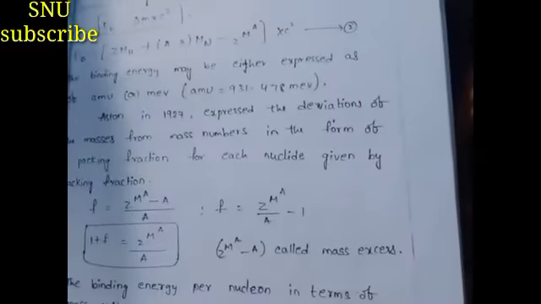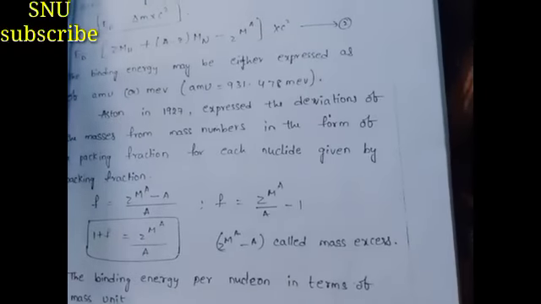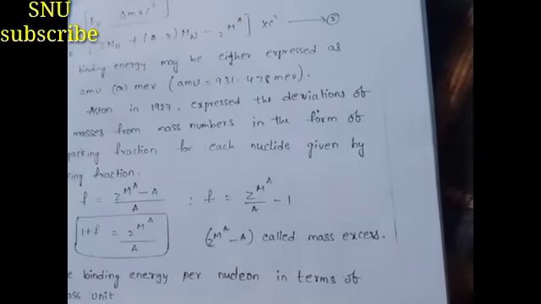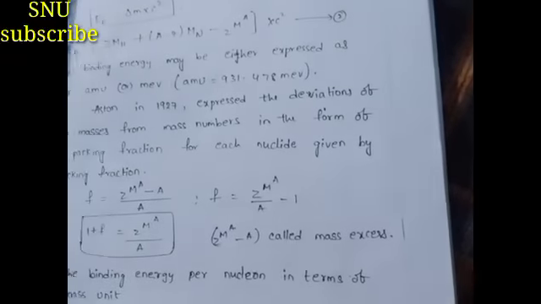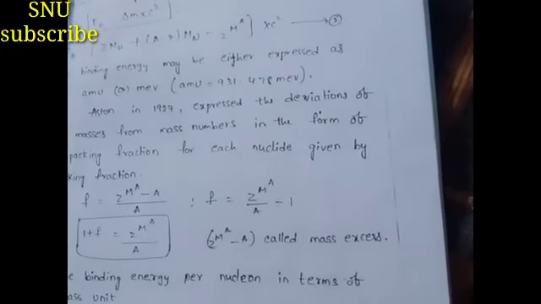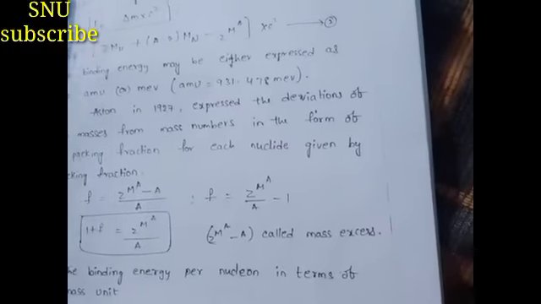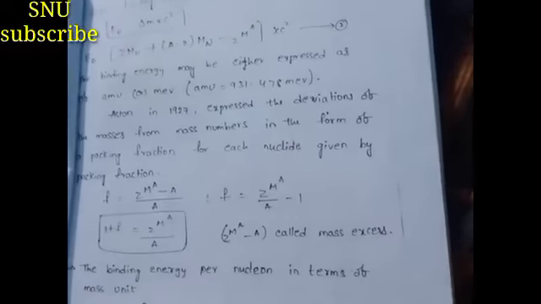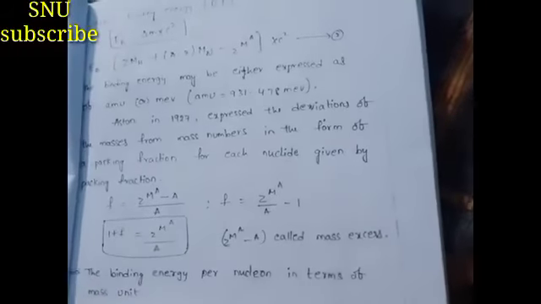The binding energy may be expressed either in AMU or MeV. 1 AMU is equal to 931.478 MeV.